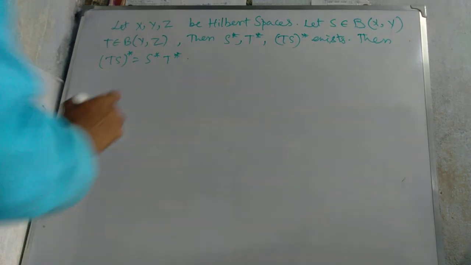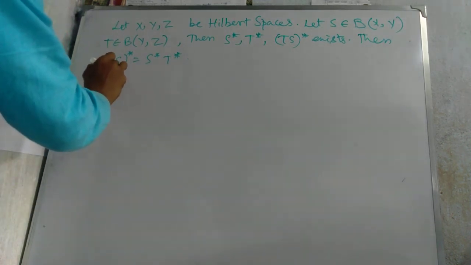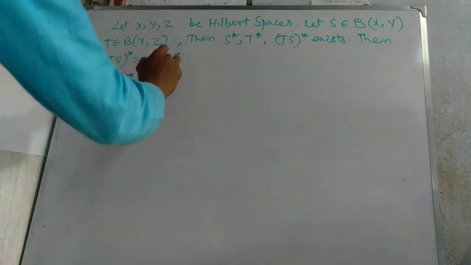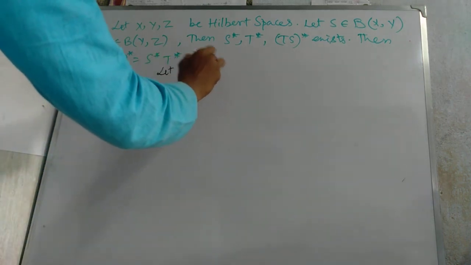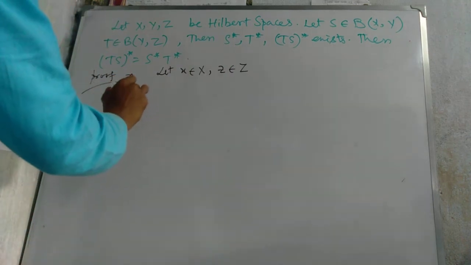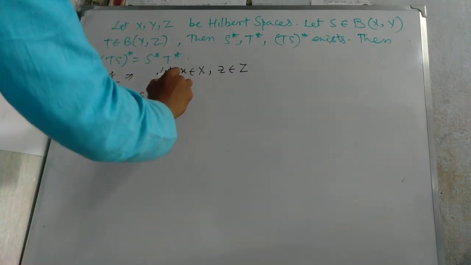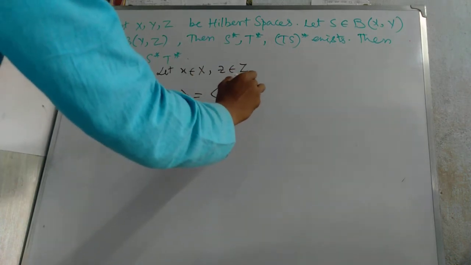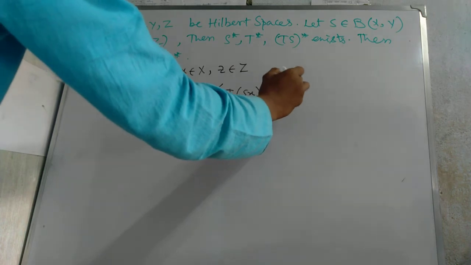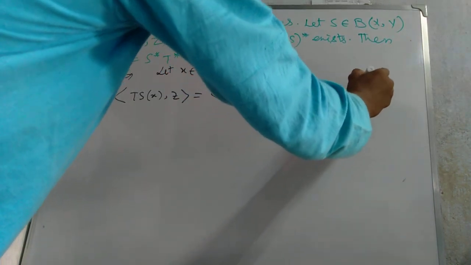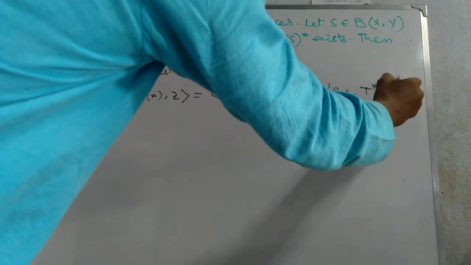Now we also discuss that. Let x belong to X and z belong to Z. Then (TS)x, z equals T(Sx), z, which equals Sx, T star z.